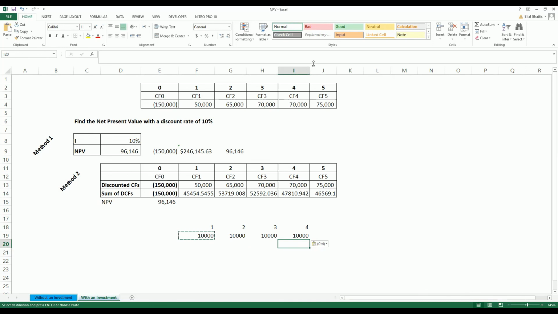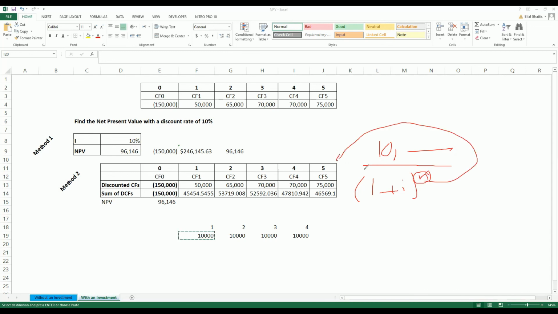Why is that? Well, because the formula says we're dividing the value of the cash flow by 1 plus the rate to the power n, and n resembles the period. So the larger the n, the bigger the denominator, and the bigger the denominator, the less the answer.